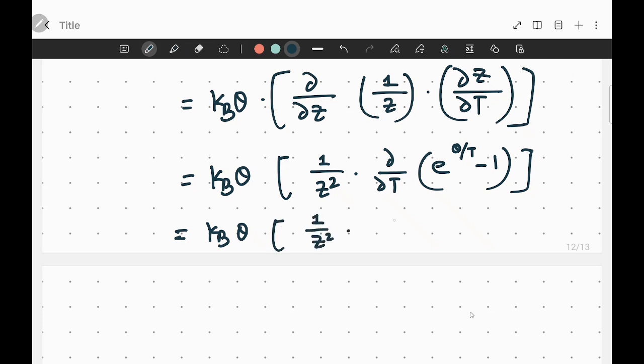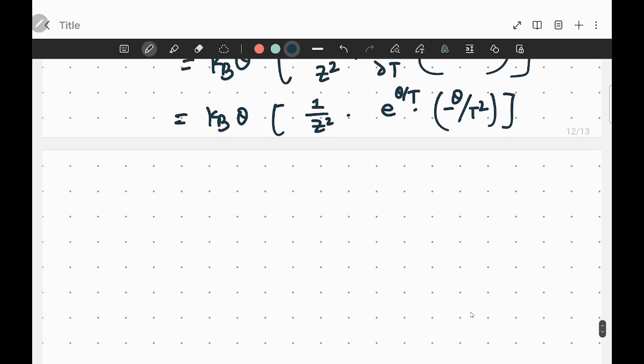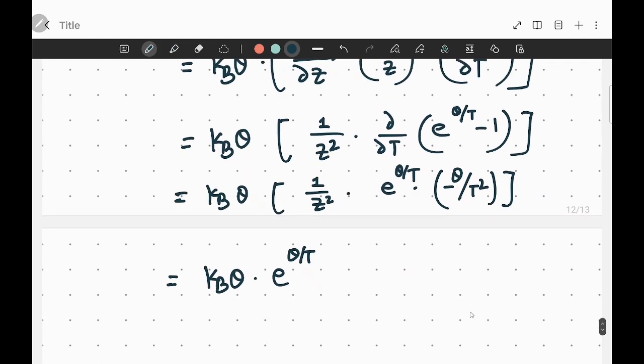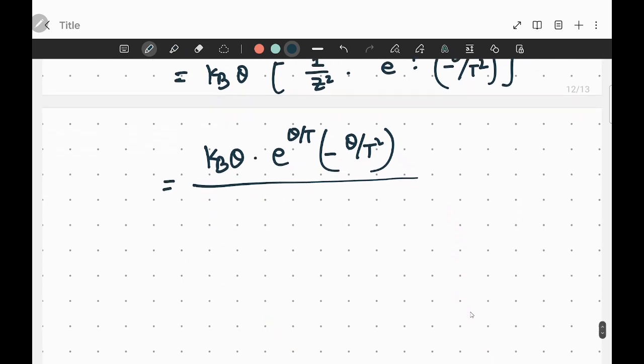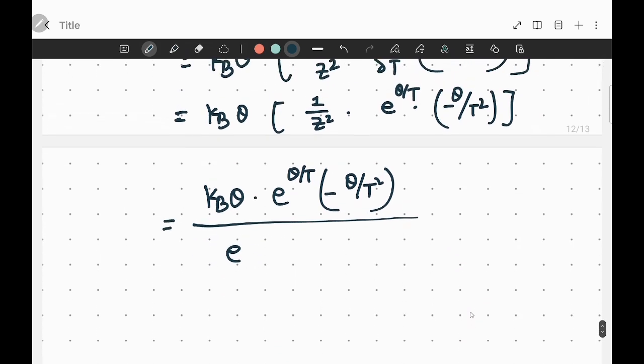So e to the power theta by t into theta by t square, but with a minus sign. So it is kb theta e to the power theta by t, and then there will be a minus sign because of 1 by t, so it is minus theta by t square, divided by z square. Z square is e to the power theta by t minus 1 whole square.